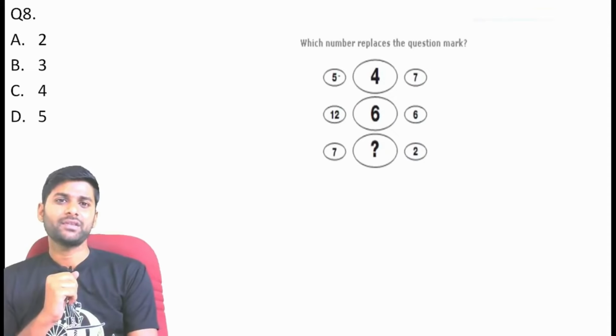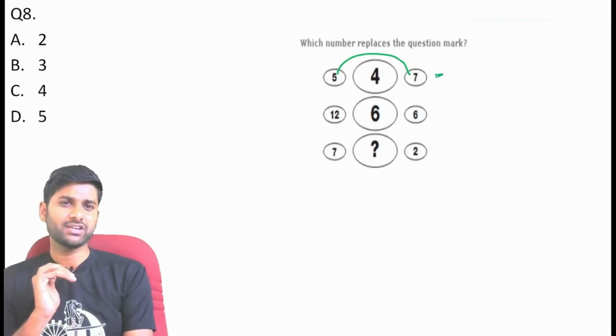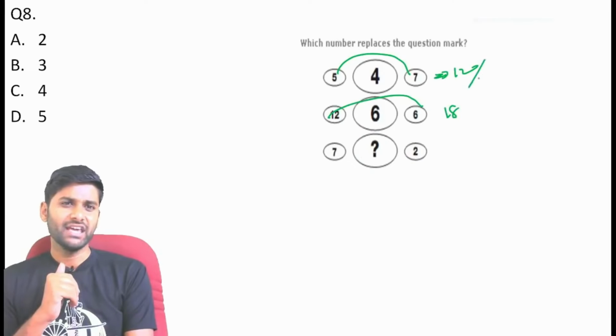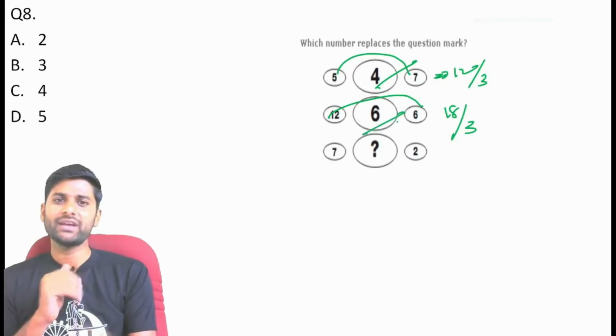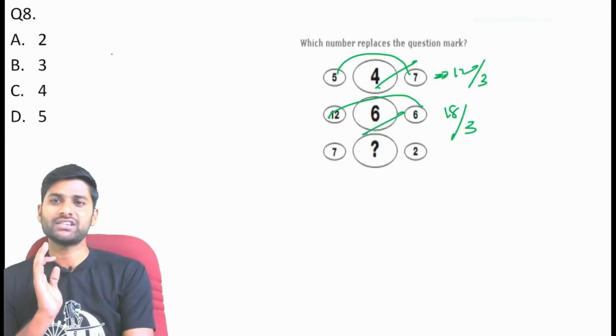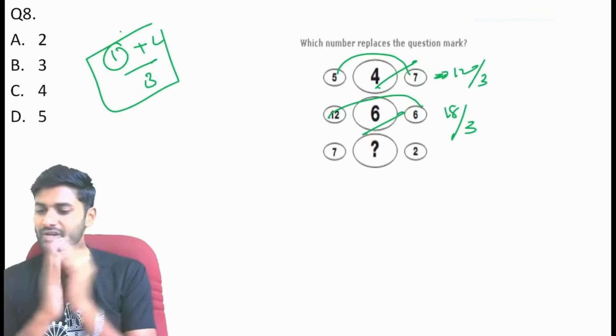See guys, now I just focus on these two numbers. See, 5 plus 7 is equal to 12, sir. Okay, but here it is 4. 12 plus 6 is equal to 18, but here it is 6. Now, if 12 is divided by 3, the result is equal to 4. 18 divided by 3, you get the result 6. So that's why first box plus last box divided by 3 gives the result. That is the operation, guys.